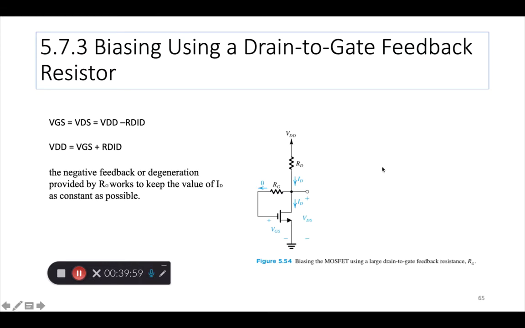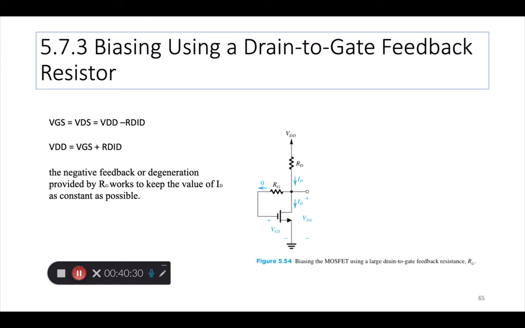So here is an example of another biasing method where all you do is you take the one supply, the VDD, take a portion of it back and put it into the gate using what's called a negative feedback or degeneration resistor, RG in this case.